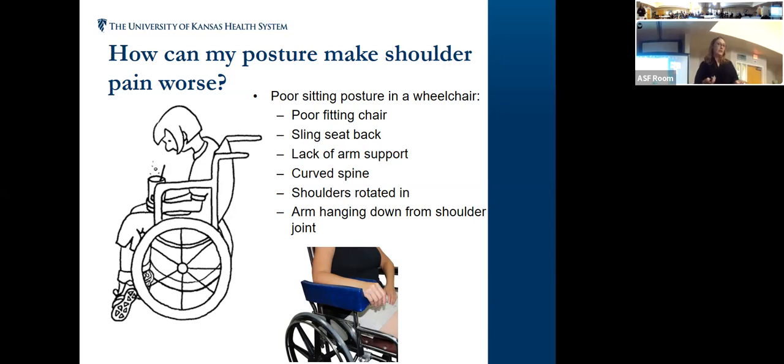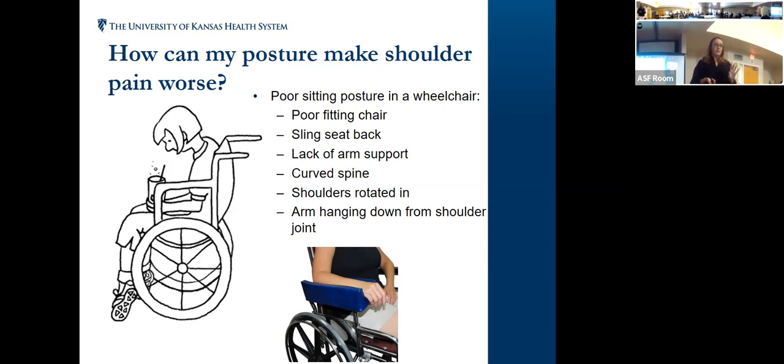If it's not a well-fitting chair, you might be leaning forward and have this curved spine, and that's going to make your shoulder hurt more because your shoulders are rotated in. And ultimately, if that arm isn't supported, that arm is just going to hang down from the shoulder joint and probably cause a lot of pain.